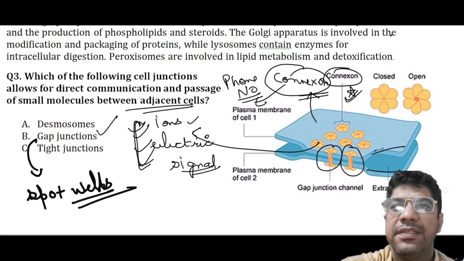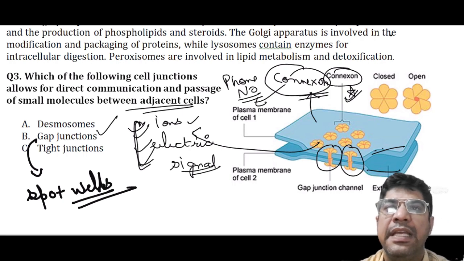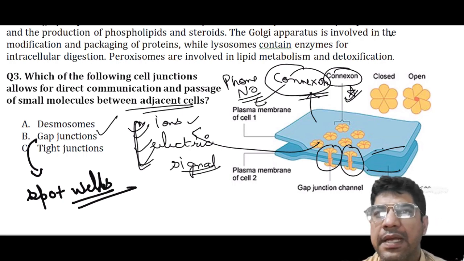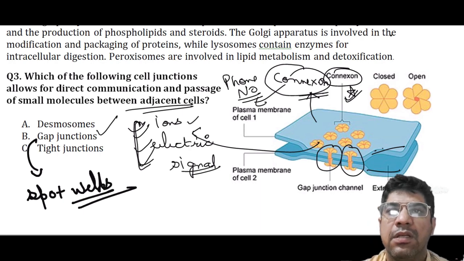The tight junctions are like a seal that prevents leaks between the cells. They create a tight barrier between the cells, preventing substances from leaking between them. Think of tight junctions as Ziploc bags, keeping things from spilling out.